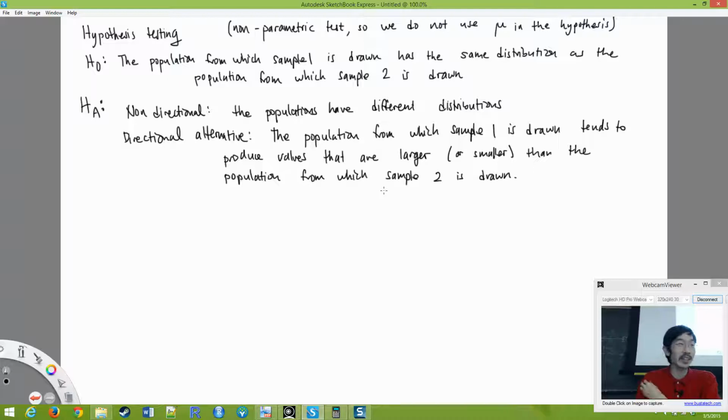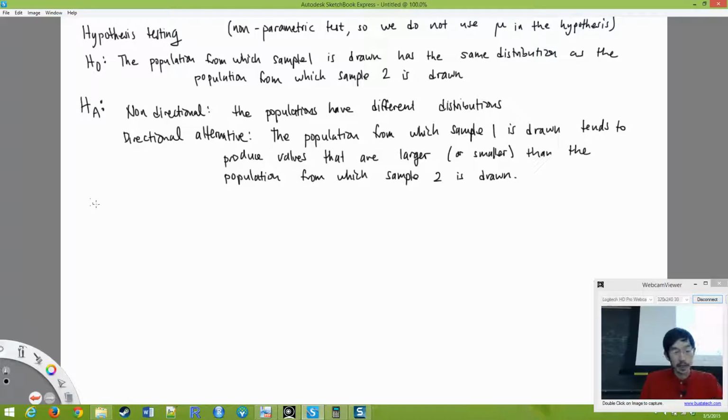Again, it sounds very clunky, but without the shortcuts of using mu or things like that, that's what we're limited to. And again, we're talking about the distribution of the populations, because of course when you look at any individual value, one might be larger or smaller regardless of what the population looks like. But we're making statements about the overall populations.